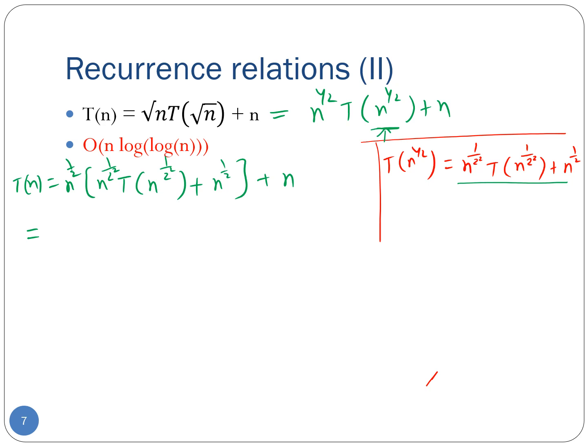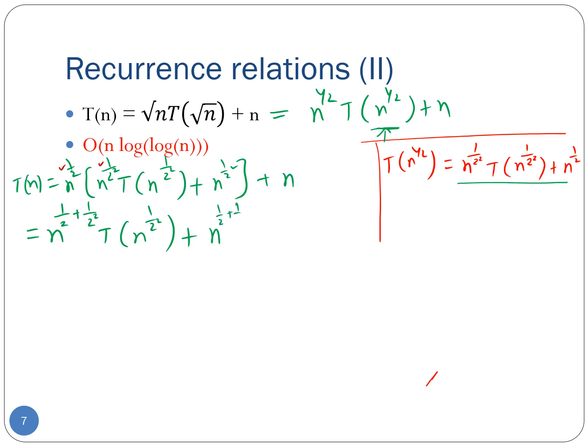So if we open the bracket, you see that these two powers will add. So we get n to the power 1 by 2 plus 1 by 2 square times T of n to the power 1 by 2 square plus, now once again this n to the power half and this n to the power half will add, so we'll get simply n to the power 1.